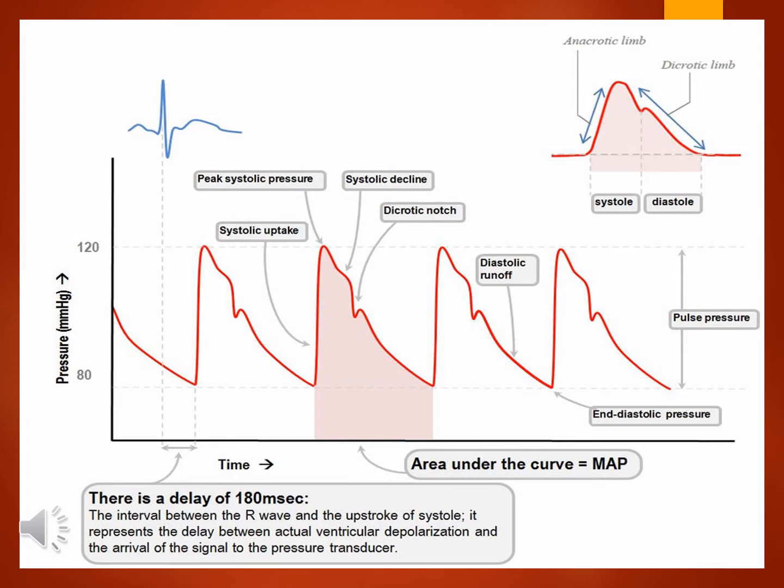So the waveform is going to correlate with your heart rate. The peak is the systolic number. In this case, it's 120. You have the dicrotic notches, which represent the valves opening and closing. And then you have the end wave, which equals the diastolic number, which here it's 80.